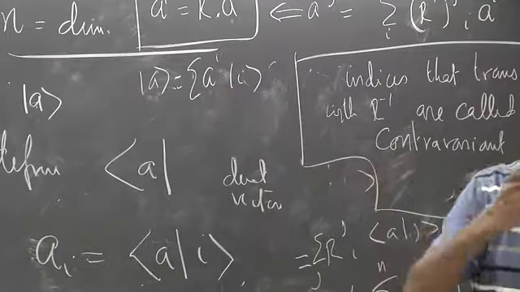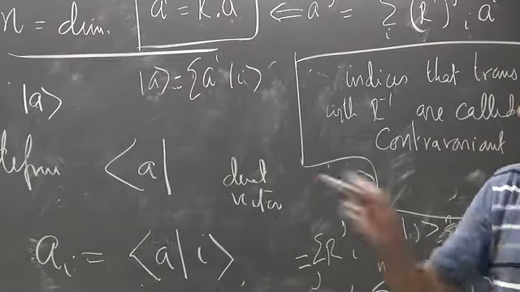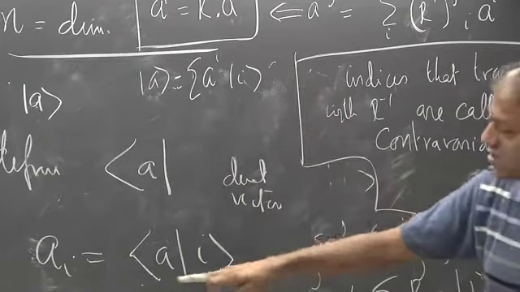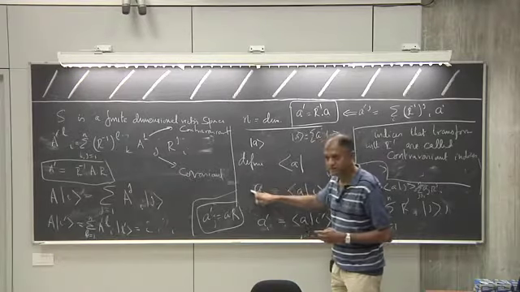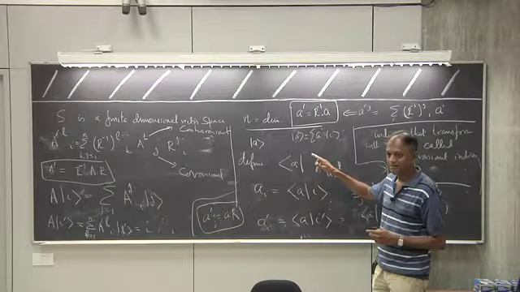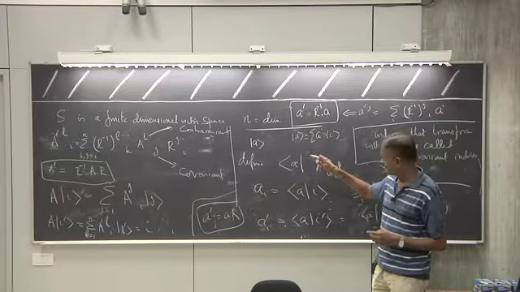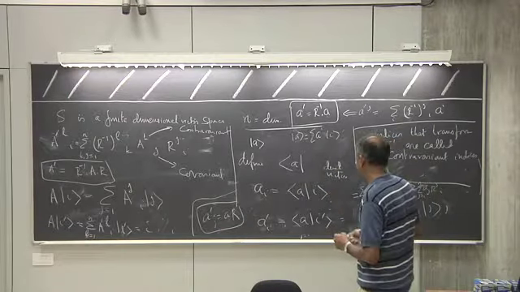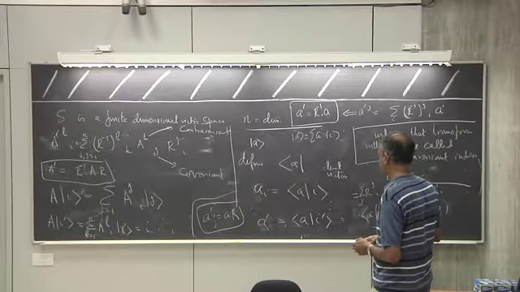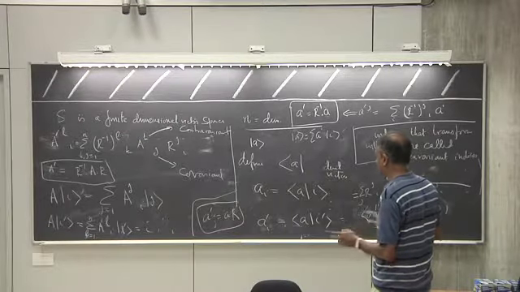That's why we said there's an isomorphism between the vector space and column vectors. Actually, the same thing holds here. If you specify these numbers, it uniquely specifies the vector A. You can prove that.